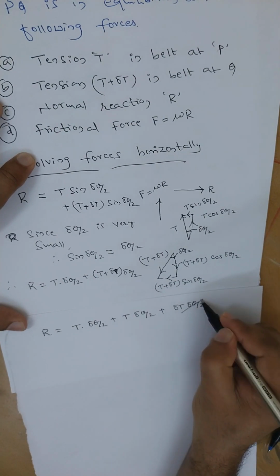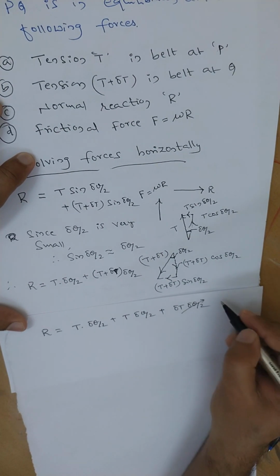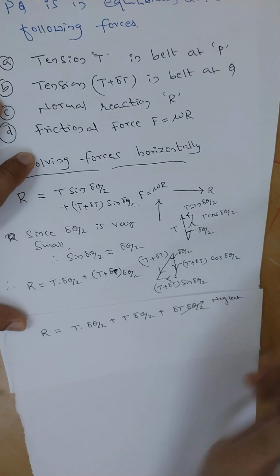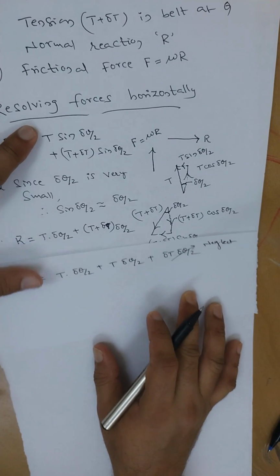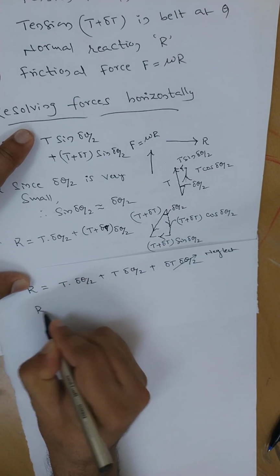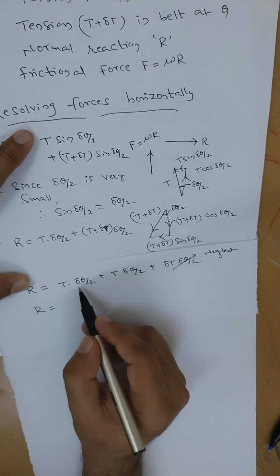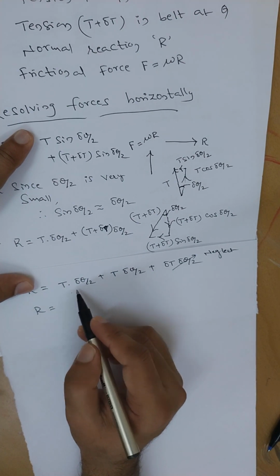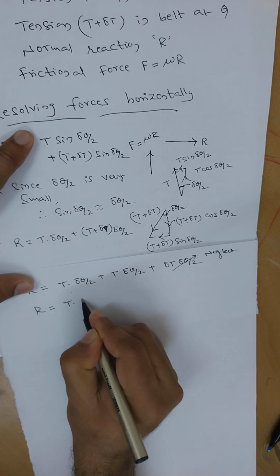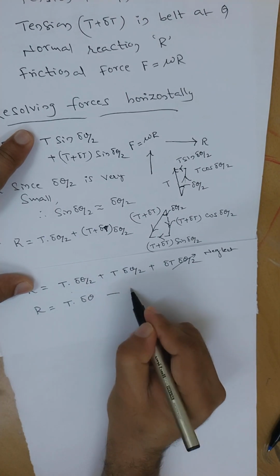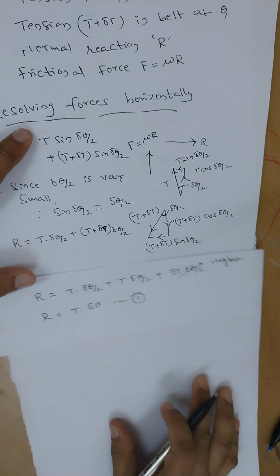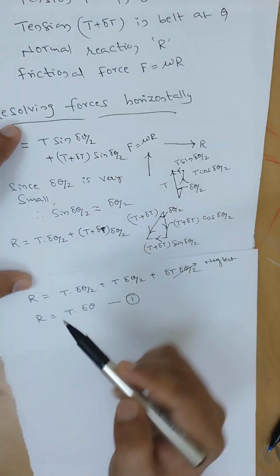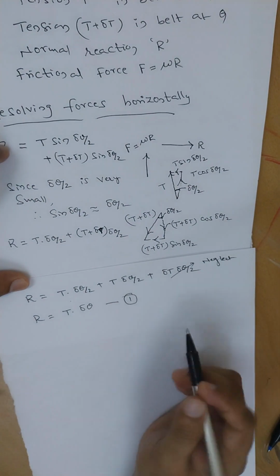So again neglect this one, because dT and dθ are very small. This you need to neglect. Okay, so R equal to T and T, this is 2 times T dθ/2. Therefore finally we will get T into dθ. Call this equation number 1. These are the horizontal forces we resolved, and we get this equation here.